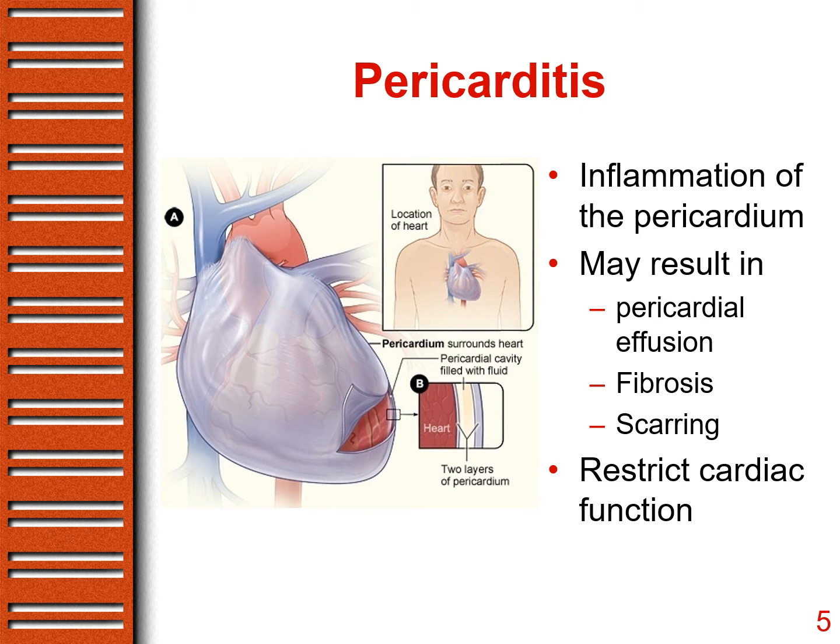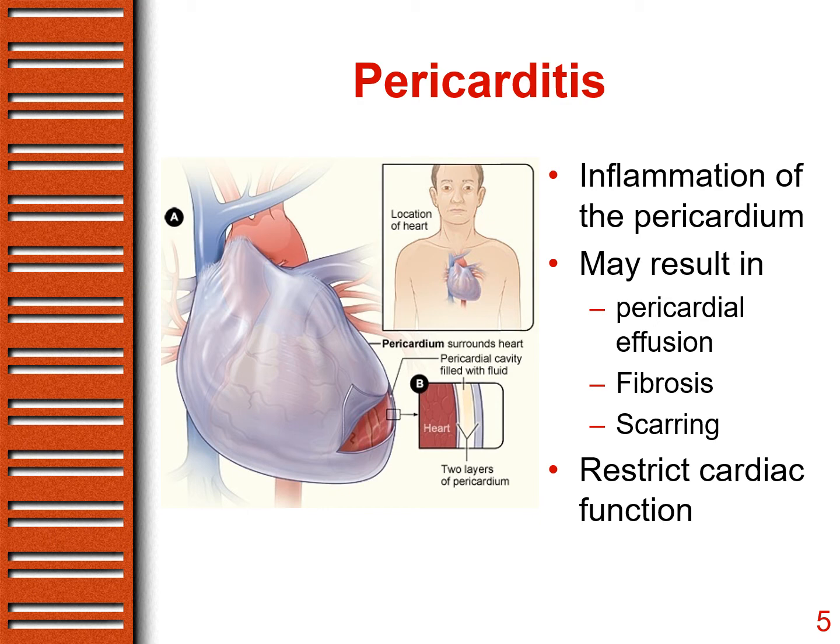Classic signs and symptoms include chest pain, a pericardial friction rub, and fever. Dyspnea and tachycardia are also common. So a common complication that we see with pericarditis is a pericardial effusion.